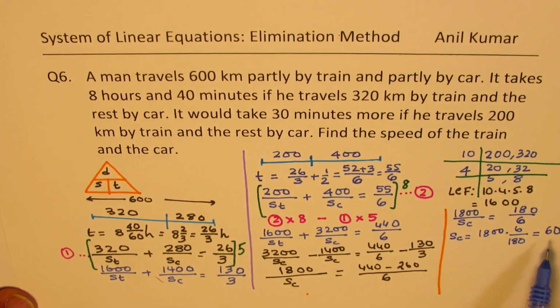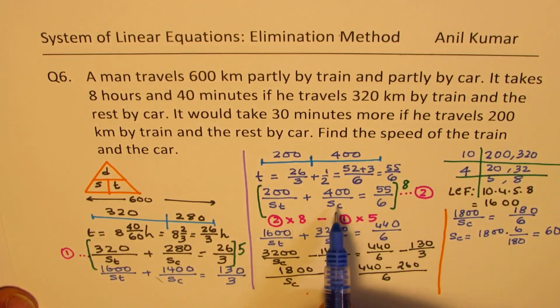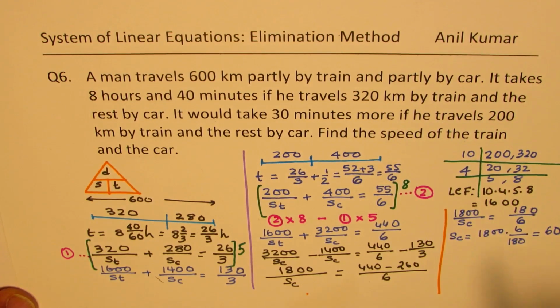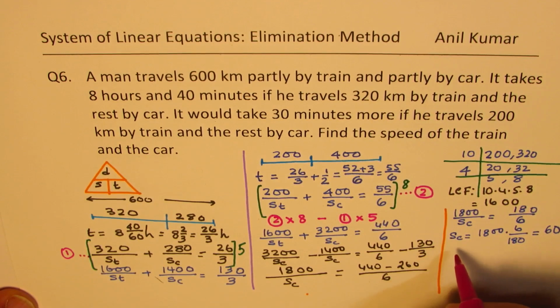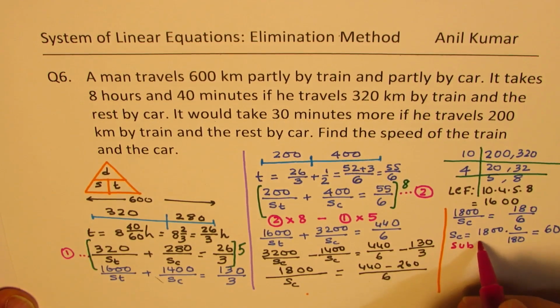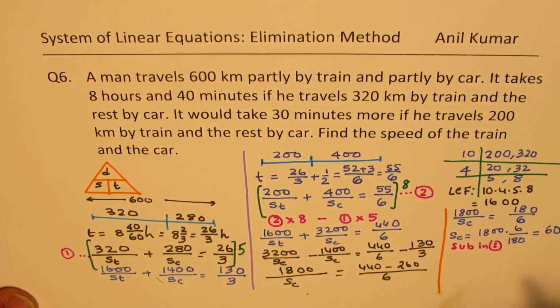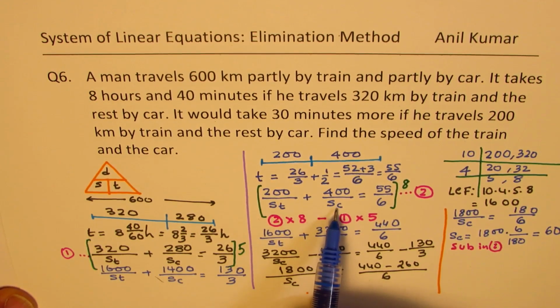Now, let's figure out what is the speed of train. Now, we can substitute this value of 60 in one of our equations. So we can sub this in equation 2, right? There's less space, so I'm just squeezing it in. So we are writing 60 here for speed of car.